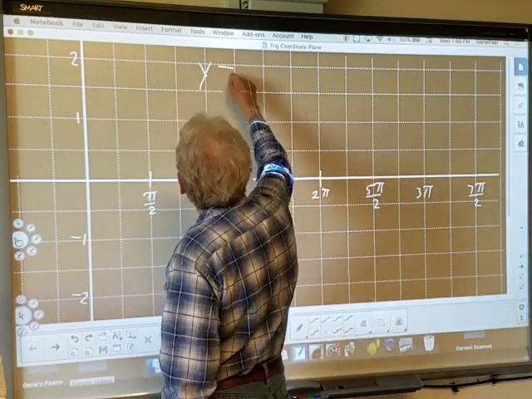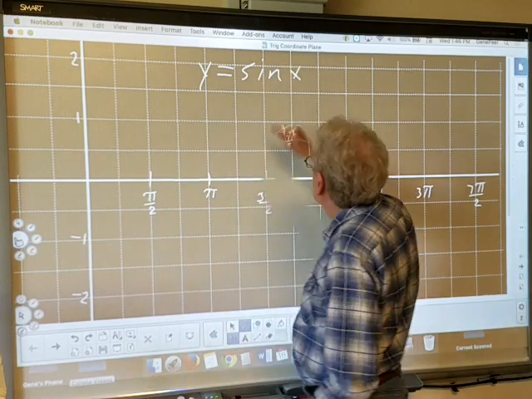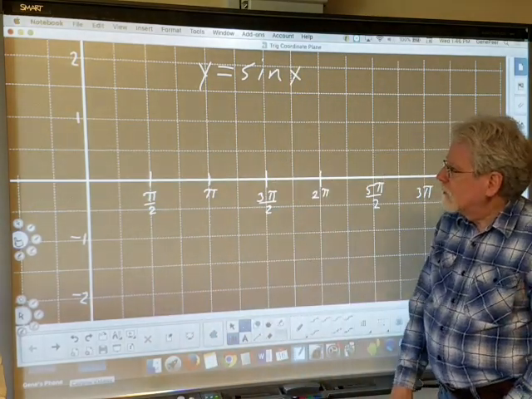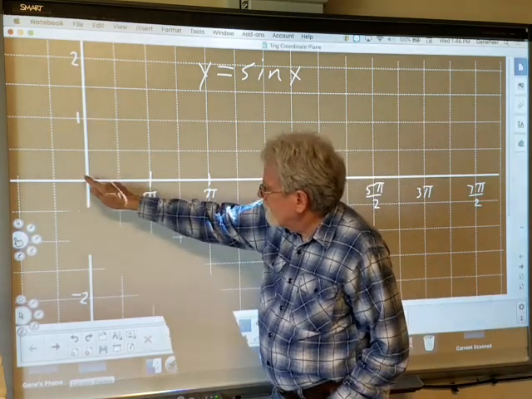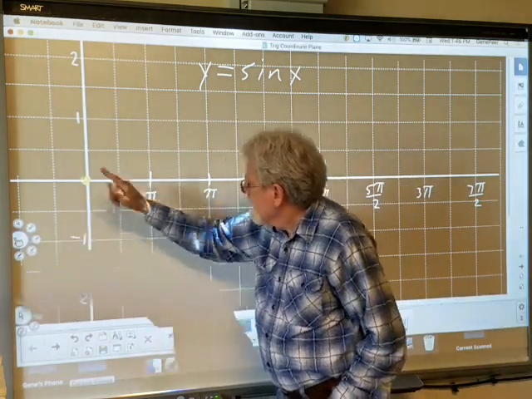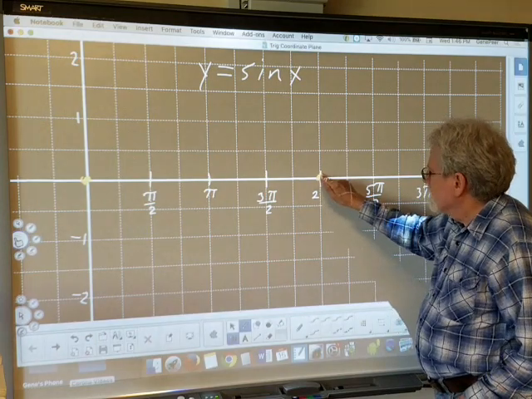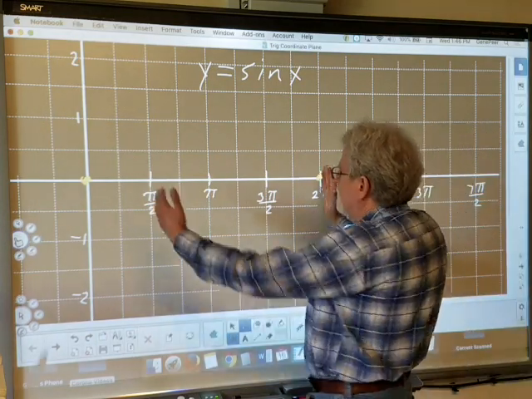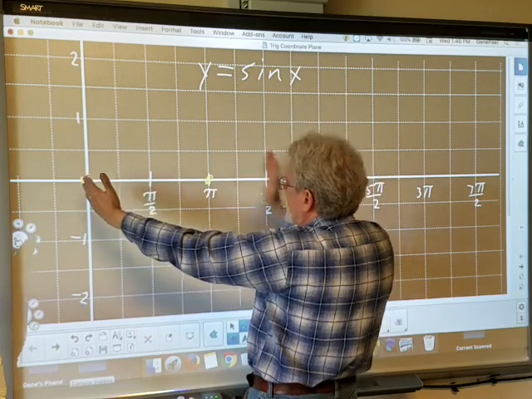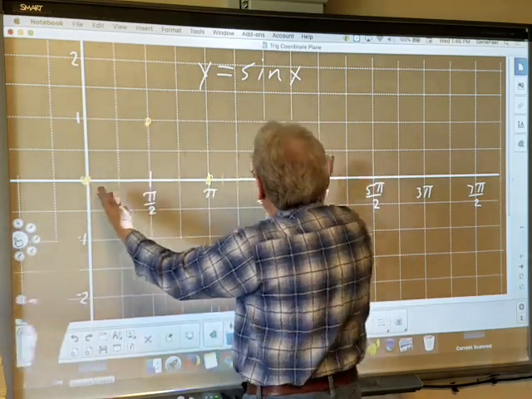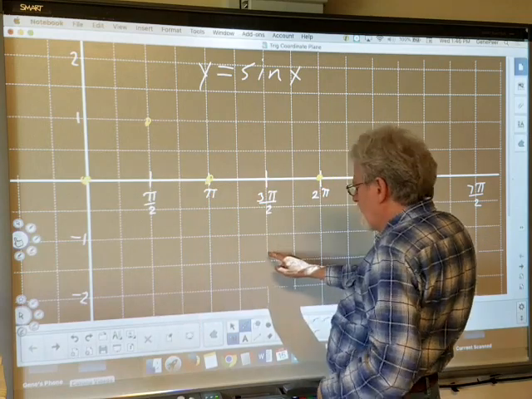First of all, we know what y equals sine of x looks like. No problem, right? We're well familiar with that now. Sine starts at 0, 0. It has a period of 2 pi. It has a maximum of 1 halfway, or it goes through pi also. Has a maximum of 1 at pi over 2, a minimum of -1 at 3 pi over 2.